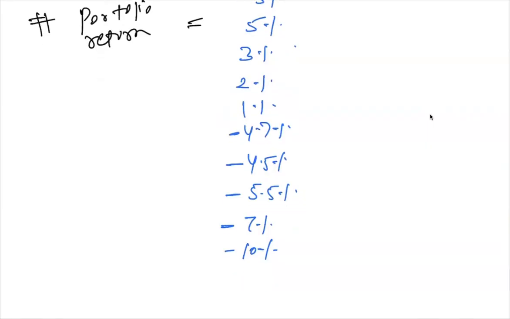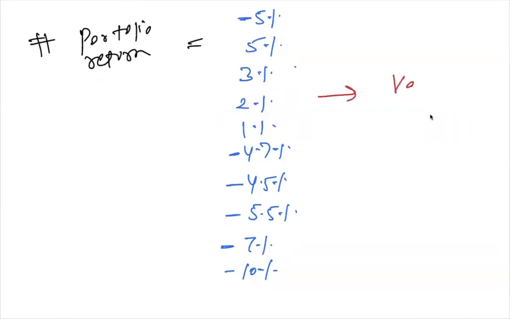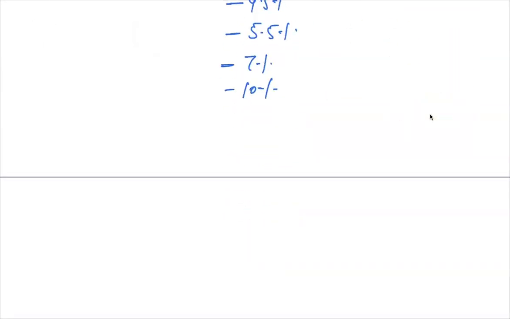Now we have to calculate the value at risk using the historical method. Once we had the returns, what was the step? To arrange the returns in ascending order.